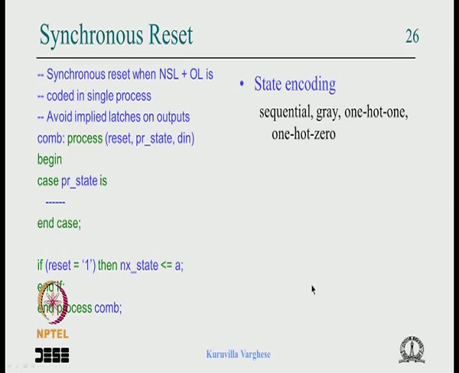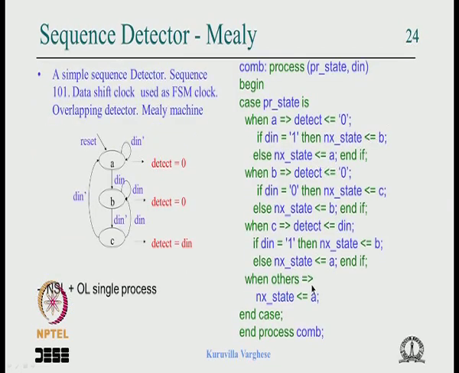Now when you write code like that, we have so far not controlled what the state encoding is. Many times the tool will assign 00, 01 and 10 to it.